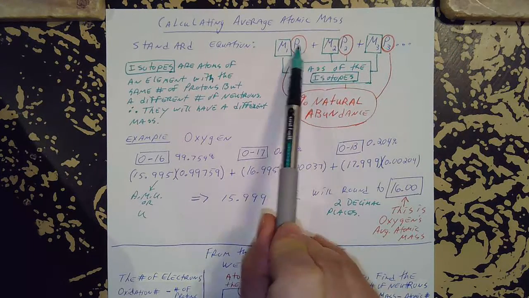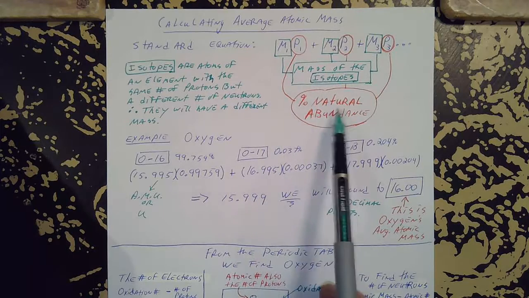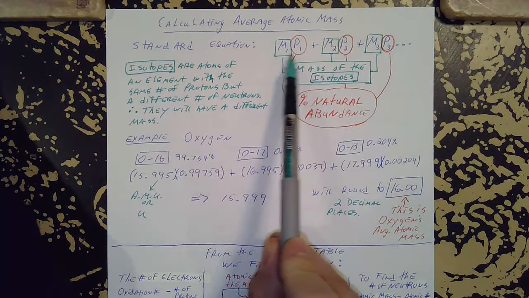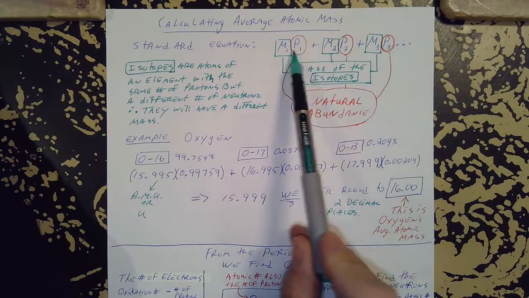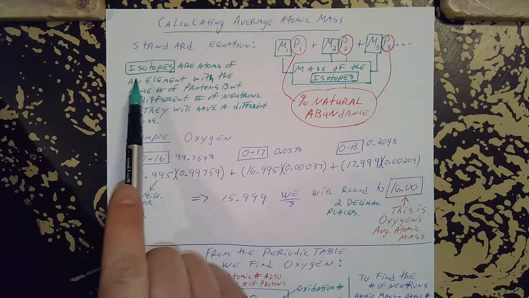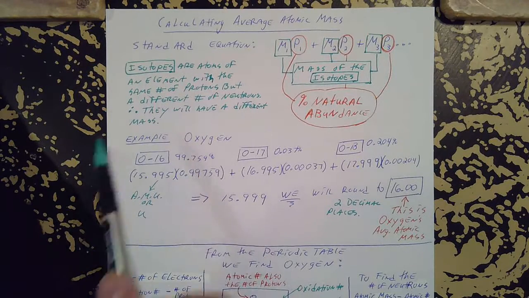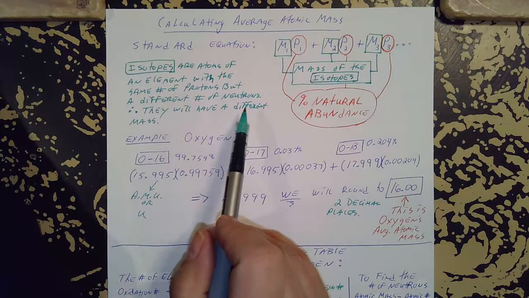The percentages, the P1, P2, P3, that's the percent natural abundance. So on the planet Earth, how much of this particular isotope do we have compared to the other isotopes? What percentage does it represent? Now, don't forget isotopes. What these are, they're atoms of an element with the same number of protons, but a different number of neutrons.